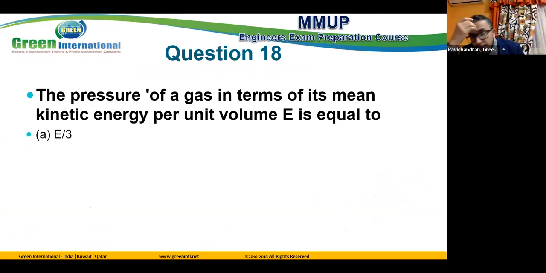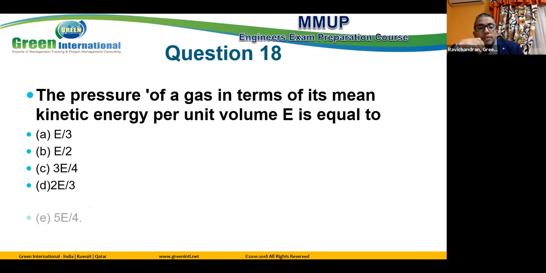The pressure of a gas in terms of its mean kinetic energy per unit volume. Any idea?